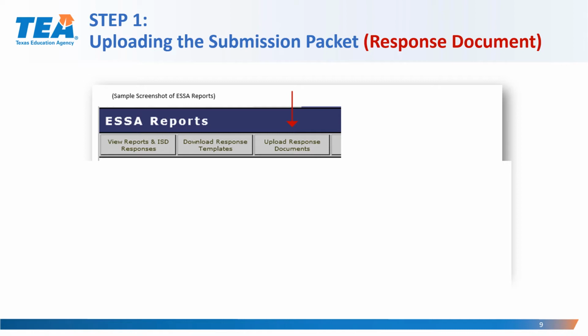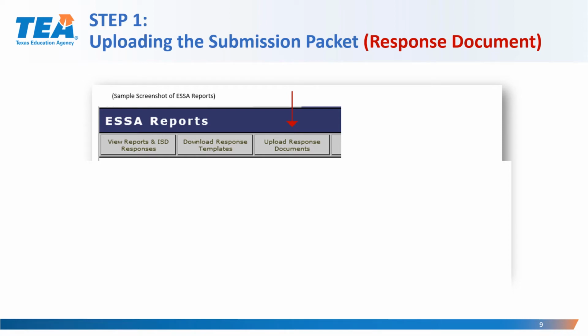The submission packet and documentation file will both be uploaded in the ESSA Reports application in TEAL, or the TEA login. The person uploading the files will need to have access to a TEA login account, otherwise known as TEAL, and access to the ESSA Reports application in TEAL.